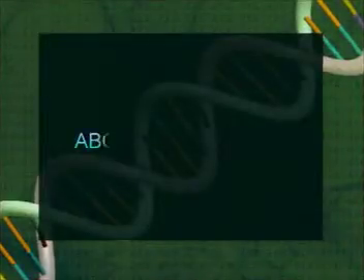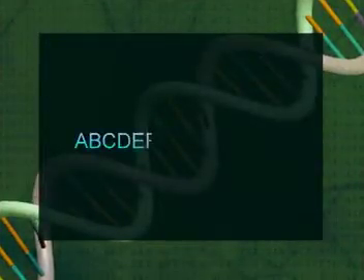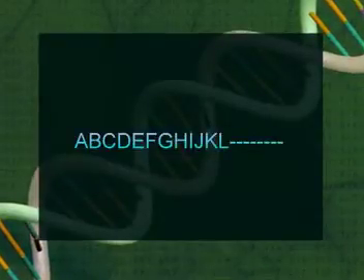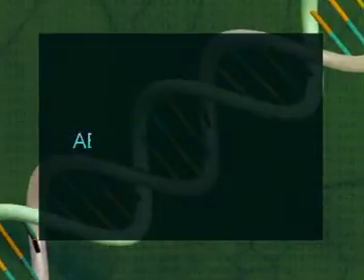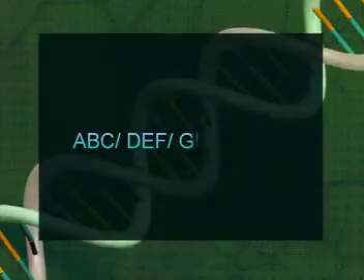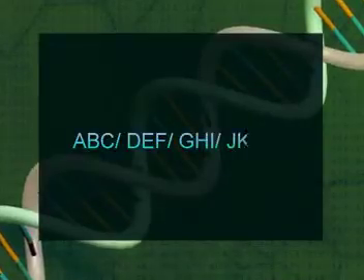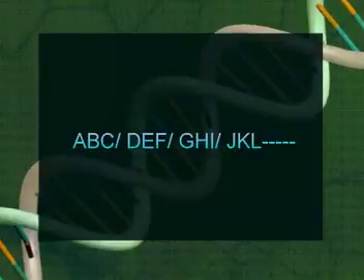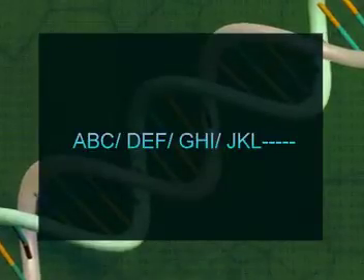For example, A, B, C, D, E, F, G, H, I, J, K, L is read as A, B, C, D, E, F, G, H, I, and so on without any punctuation between the codons.